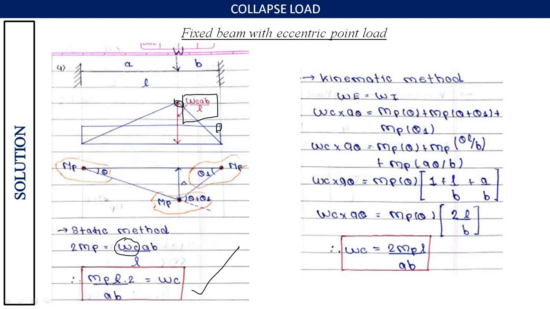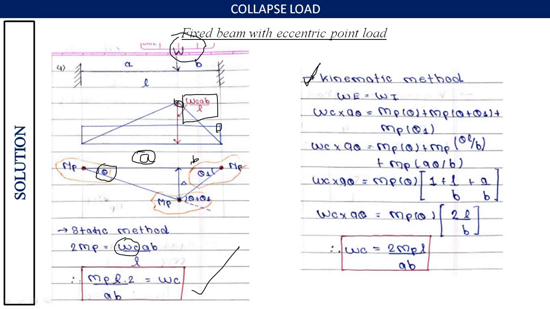Let us see by using the kinematic method. Using the kinematic method, the external work will be Wc into its deflection. Let us consider a here and b here. The deflection will be a into theta.